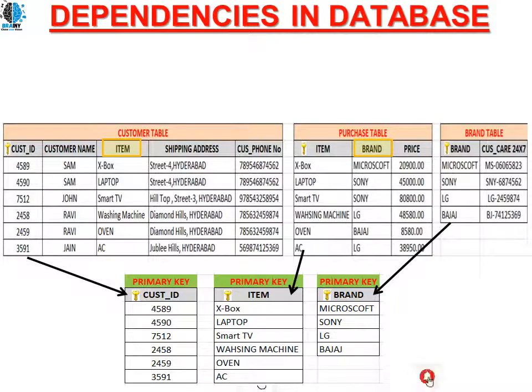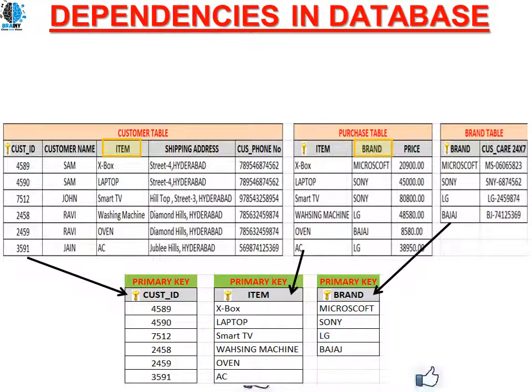So let's see how many different keys the customer ID of customer table is determining. Just focus on customer table. In customer table, customer ID is going to determine how many different attributes.